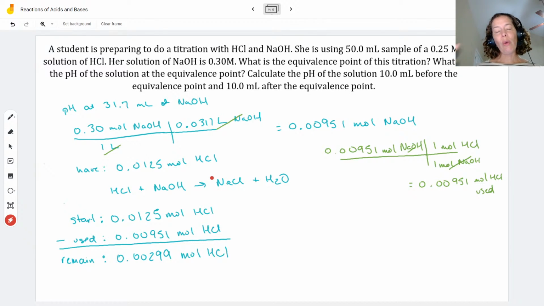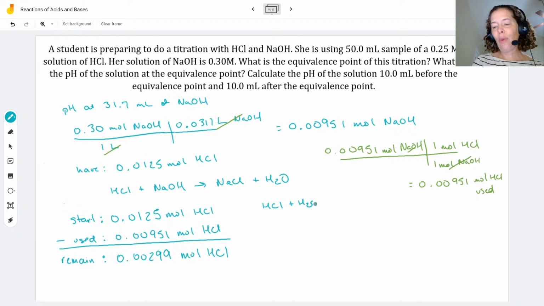So what is going to dominate my pH at this point? Again, I have no base. My hydrochloric acid is going to dominate. Water, yes, does act as an acid, but it's a very weak acid. Hydrochloric acid is absolutely going to blow the doors off of water. The great thing is, hydrochloric acid is a strong acid.